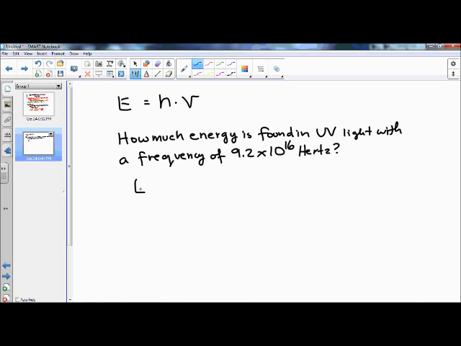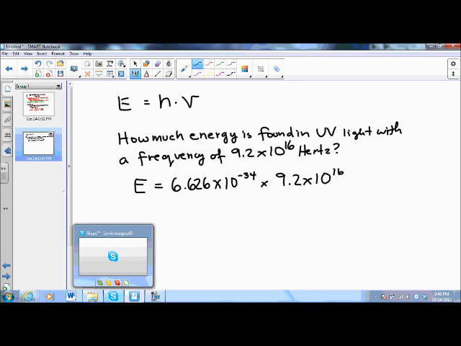So the E, energy, is what we're trying to find out. h is always 6.626 times 10 to the negative 34. And nu, the frequency, is in hertz, so this is 9.2 times 10 to the 16th.